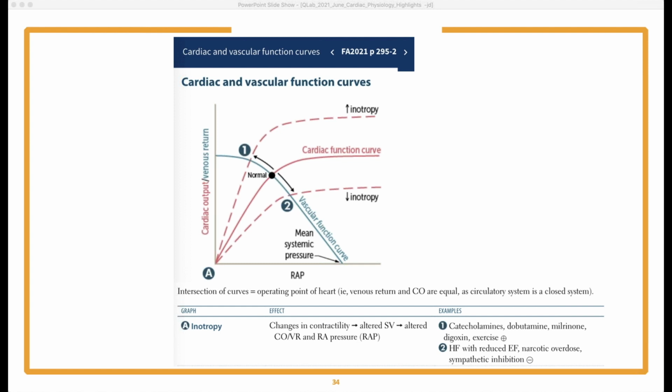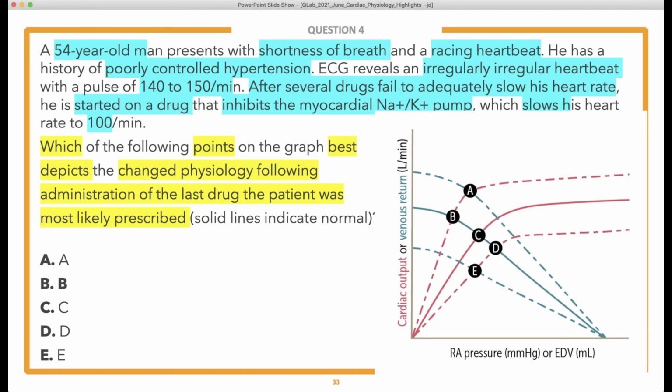So if we go back to our question and the graphic they provided us, answer choice B, you can see there now, is the best answer because that red curve is increasing upward. So you do have an increase in contractility, and answer choice B is along the same blue line.